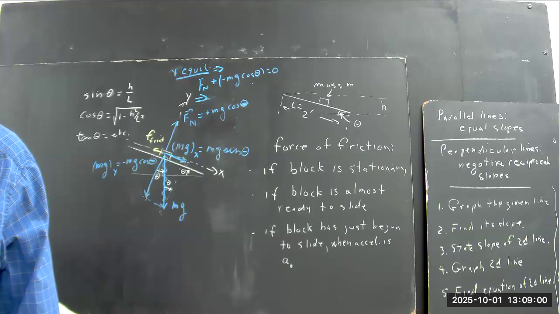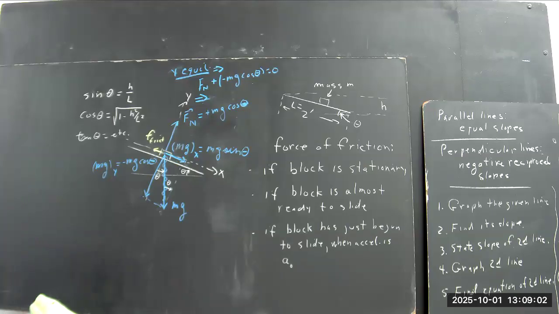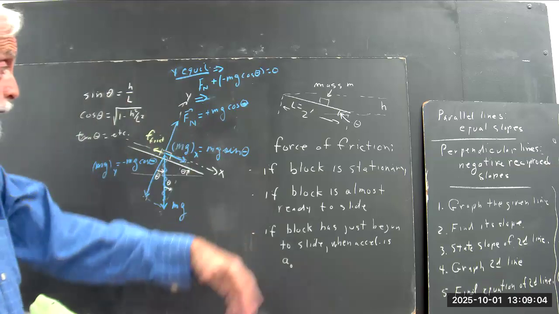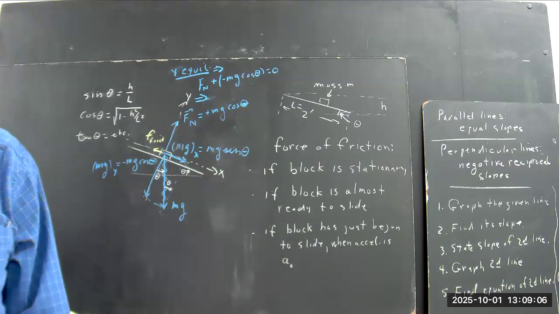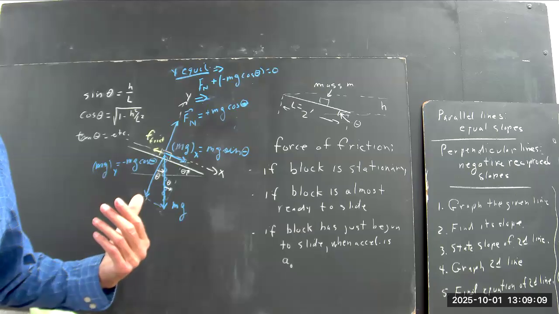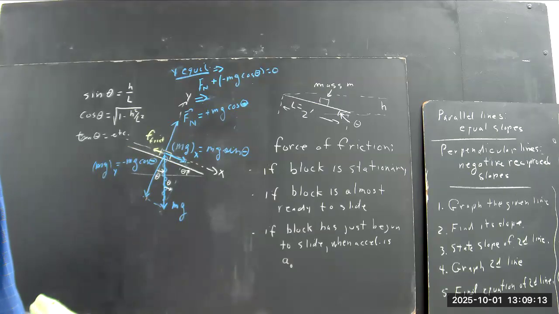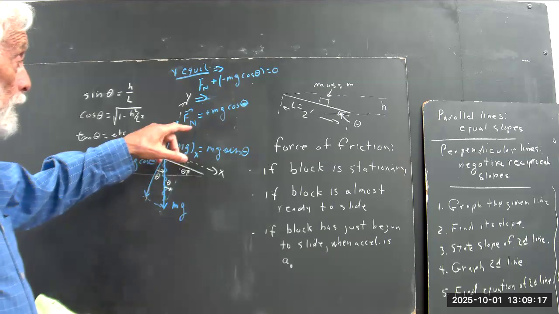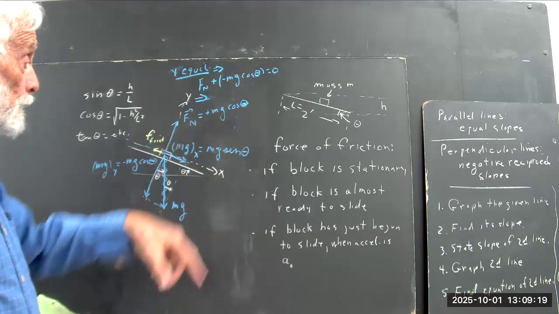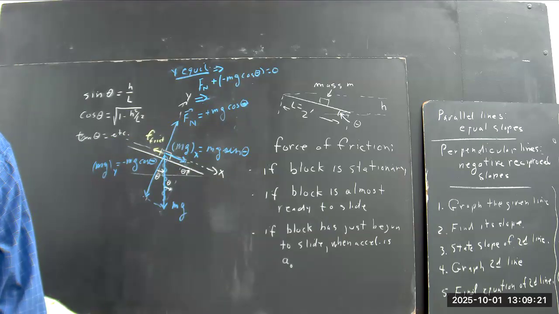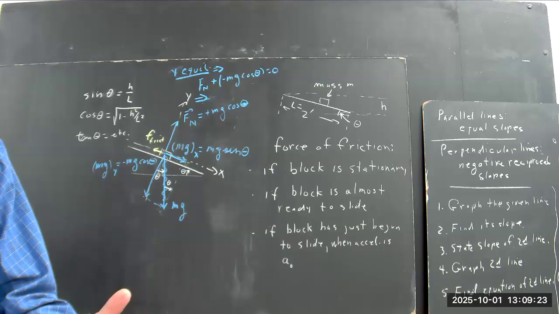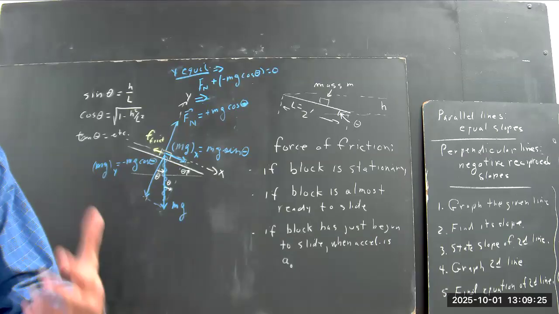Now, people get in the habit of then saying that the net force in the x direction is mg sine theta. Well, it isn't. In this case, it isn't because you've got friction there. And saying that the normal force is mg cosine theta, you can't say that unless you know that there are no other forces with vertical components.